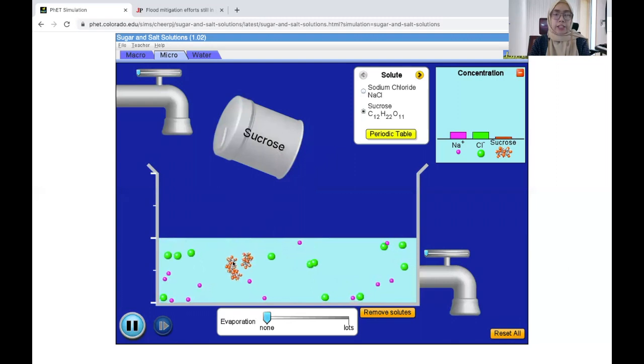And this carbon, oxygen, and hydrogen do not separate. So it is exactly the same as the sucrose before it was put in the water. Jadi sama ya, gula sebelum dimasukkan ke dalam air dan setelah dimasukkan ke air, molekulnya tidak ada yang pecah, tetap sama.